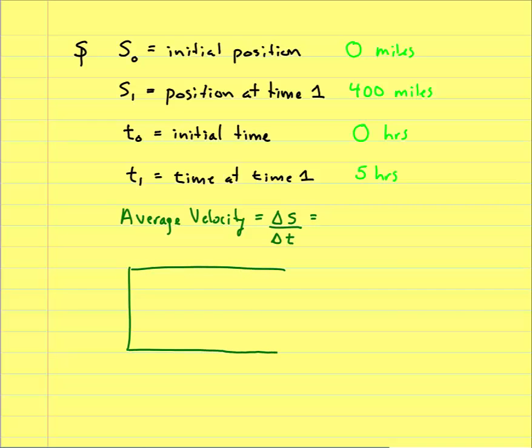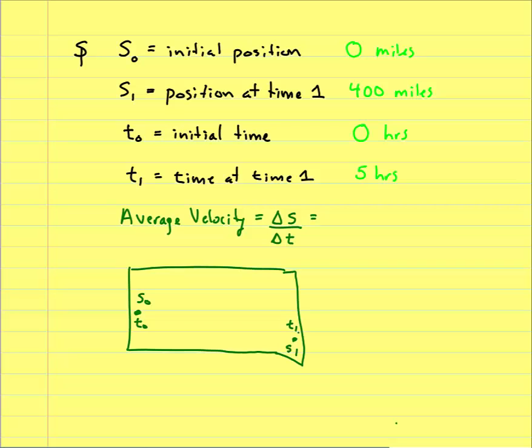I'm not a great artist, but let's say this is the state of South Dakota. And let's say this is Spearfish, and we'll say this is Sioux Falls. When we talk about our initial position, this would be S naught, and our final position, S1, would be Sioux Falls. T naught is our initial time. T1 would be our time when we arrived in Sioux Falls.